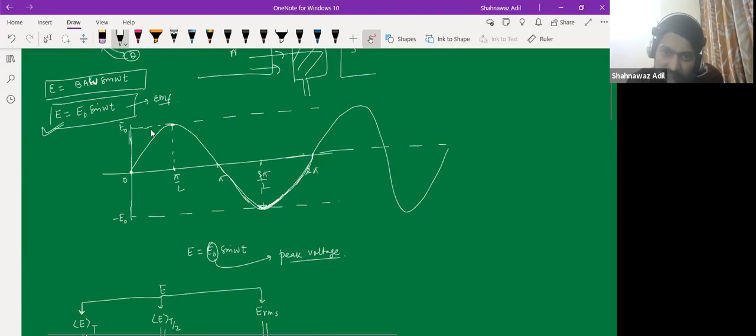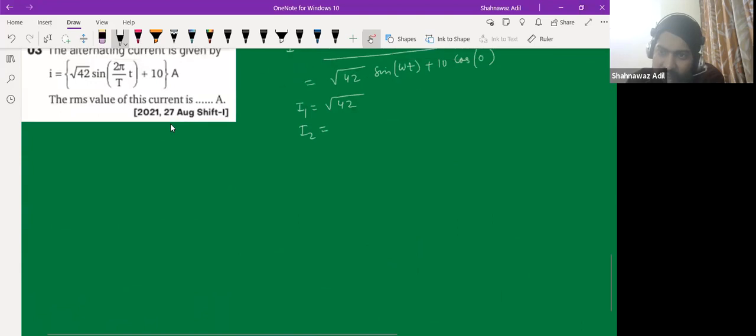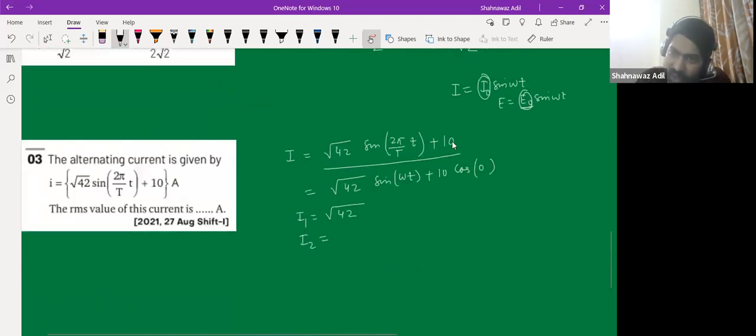So these are the peak values, 42 and the other one is 10, right? Is it clear?